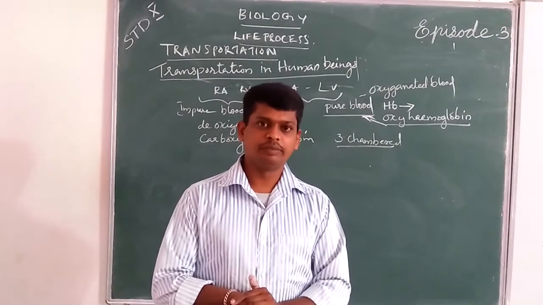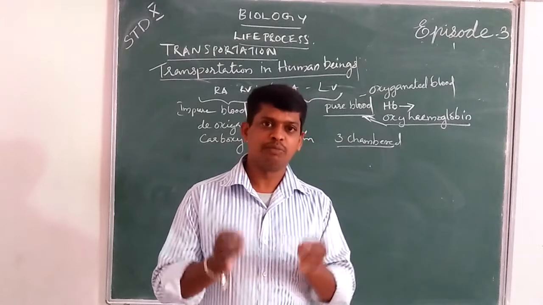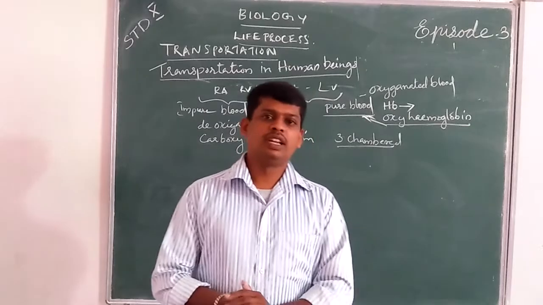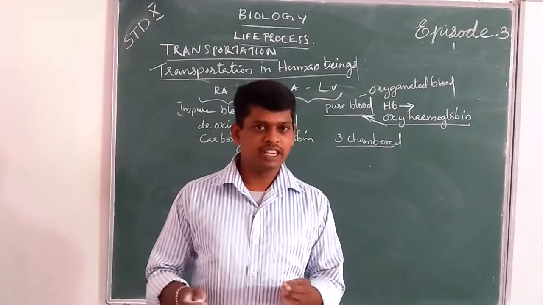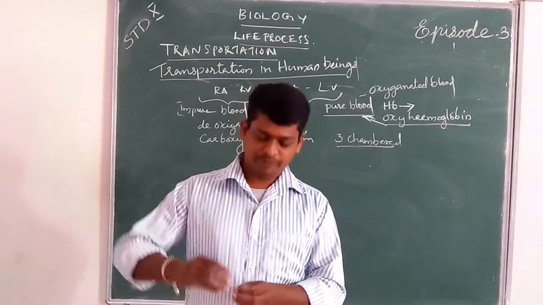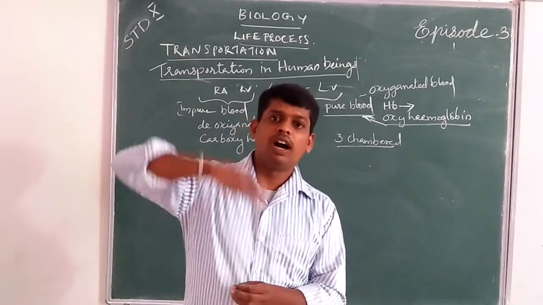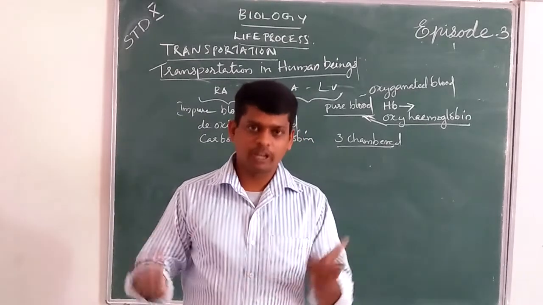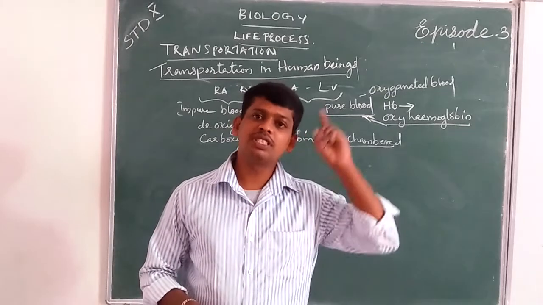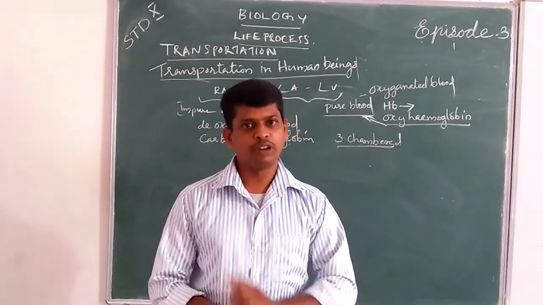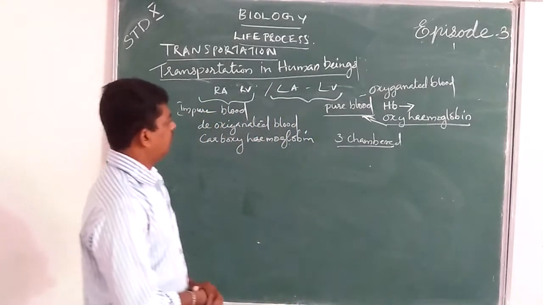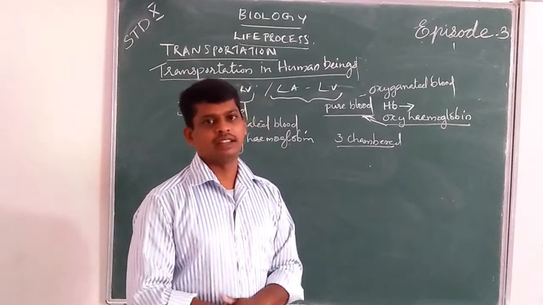Auricular contraction helps the blood move towards the ventricle side, and the ventricular pressure creates blood flow. The left ventricle pushes blood to other parts of the organism, and the right ventricle pushes the blood towards the lungs. So it is unidirectional, only towards the lungs.